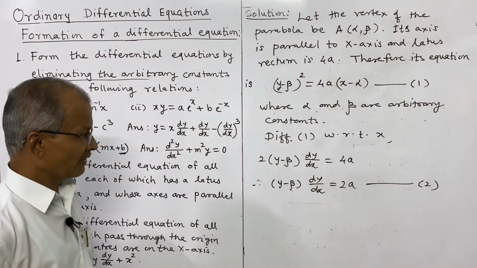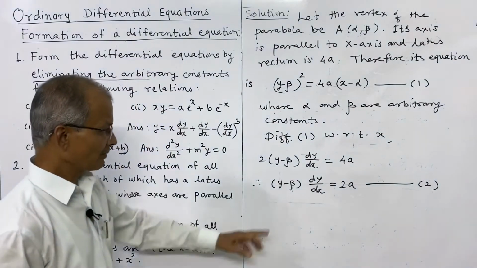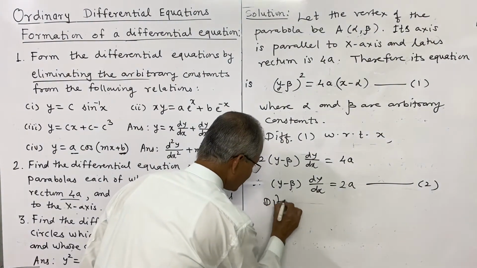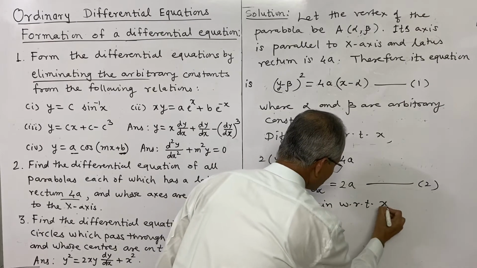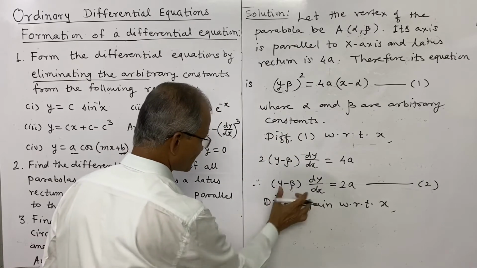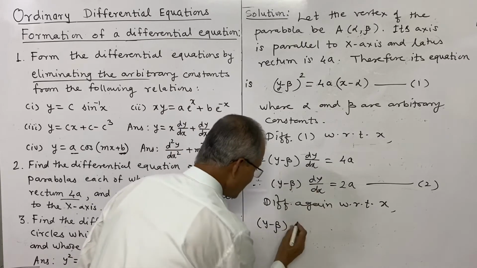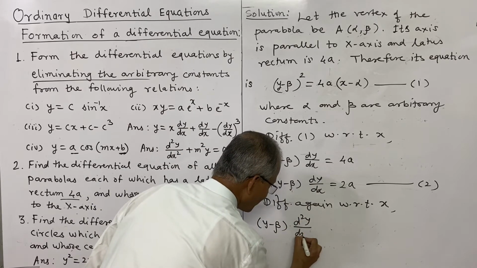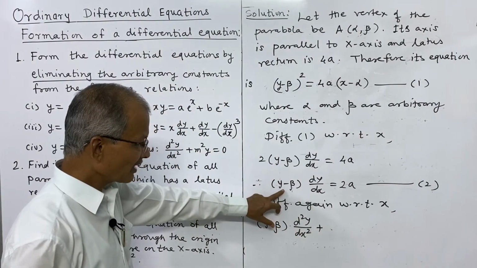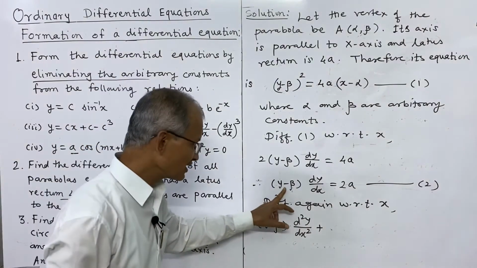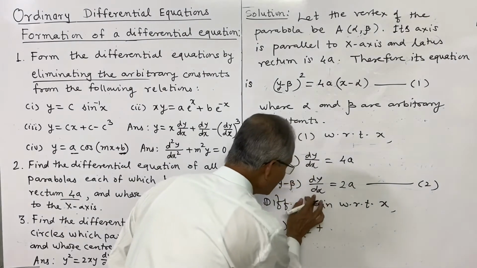So we have differentiated once, but because there are 2 arbitrary constants, we have to differentiate 2 times. Differentiate this again with respect to x. By product rule, y minus beta as it is, times the derivative of the other factor, which is the second order derivative d2y by dx square, plus now the derivative of the first. The derivative of y is dy by dx, and the derivative of beta is 0, so the derivative of y minus beta is dy by dx, into dy by dx.